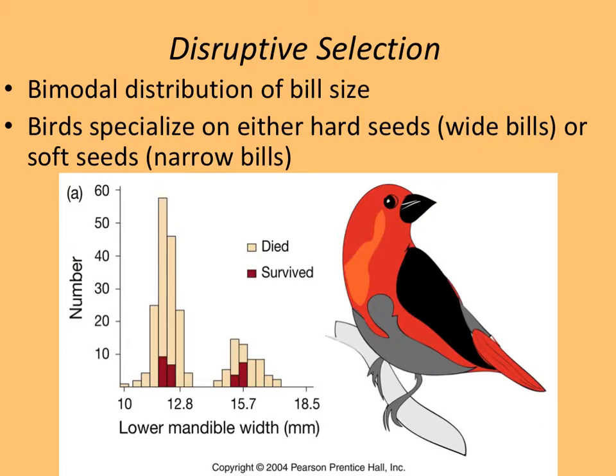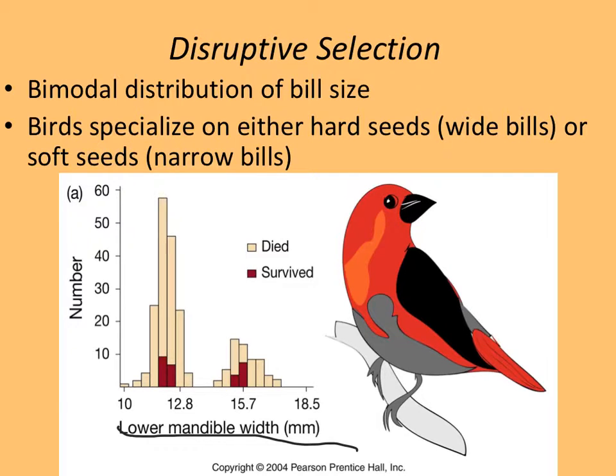Now, there's another kind of selection. It's called disruptive selection. Here again we have bill depth, lower mandible width, anywhere from about 9 up to 19.